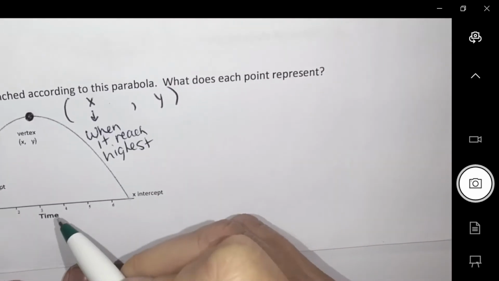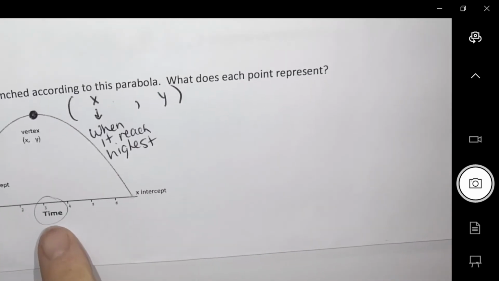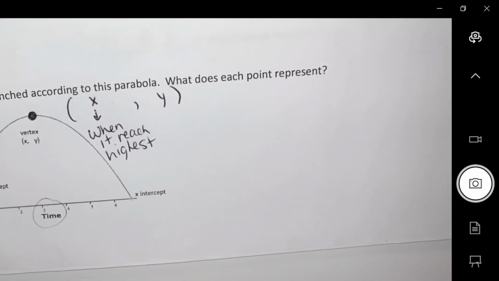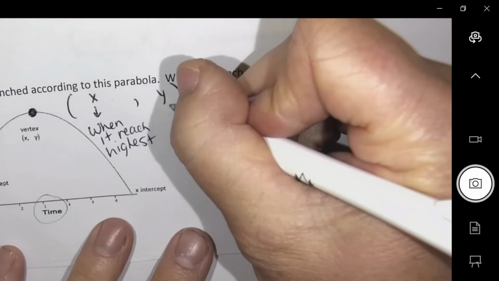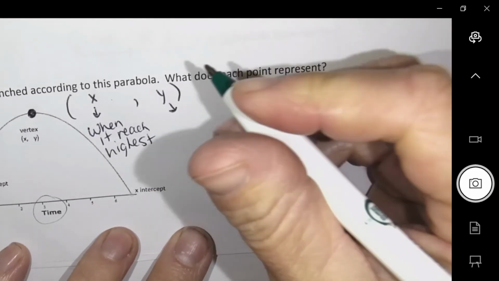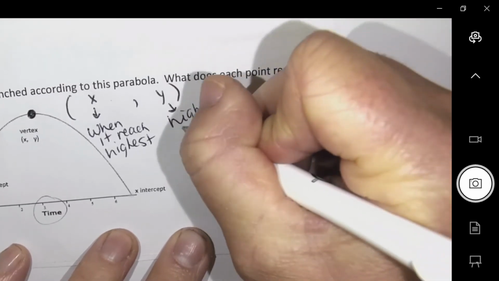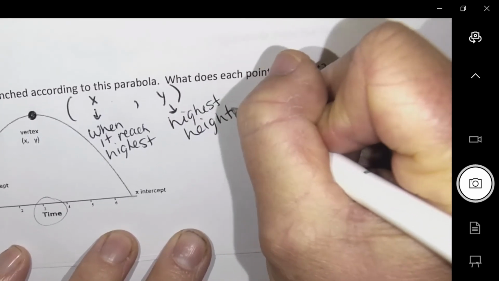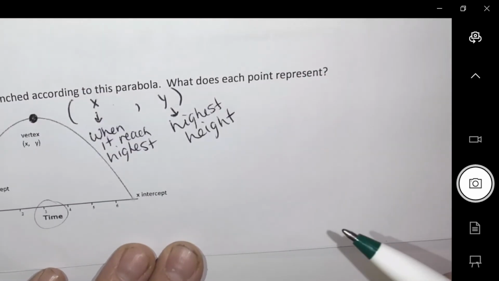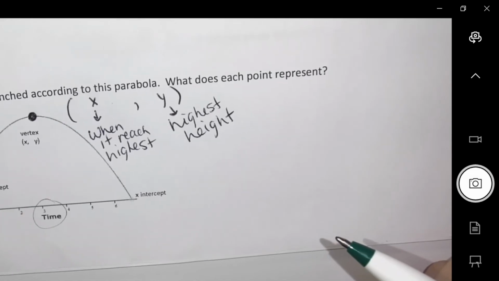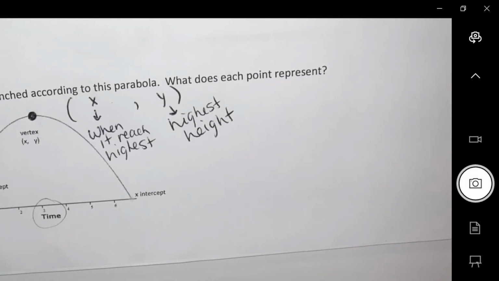The x is the time. So here it would be, it took 3 seconds to get to the top. And the y tells us the highest height, which if I was to answer, it'd be 200, whatever, meters, feet. Okay?